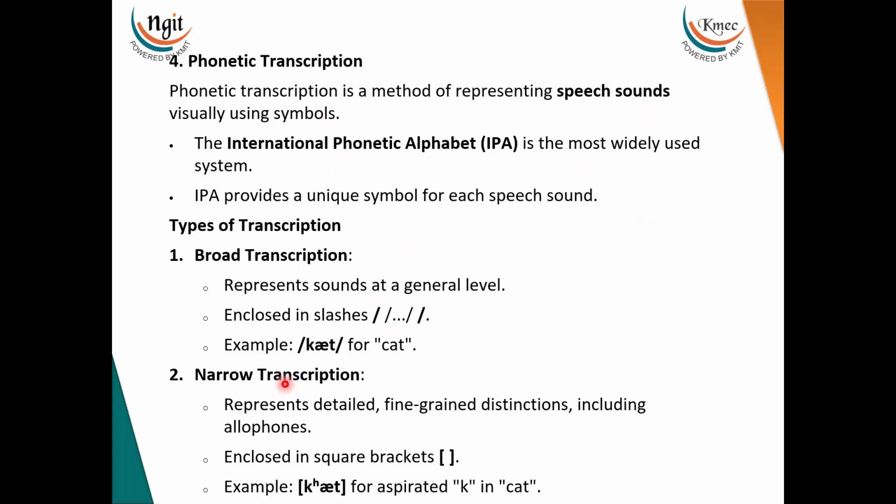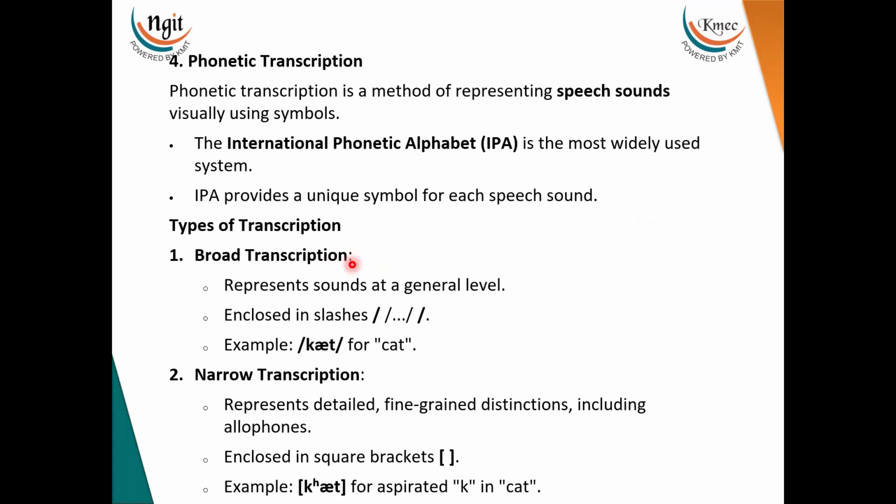Let me try to compare broad and narrow transcription with maps. If we have a map with us, broad transcription is like a simple map, which shows only some major cities.